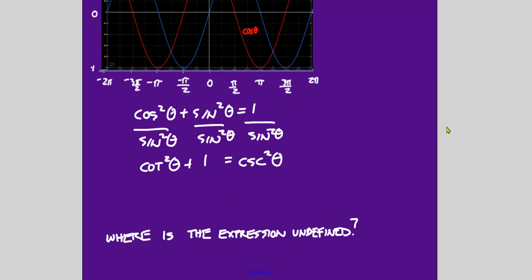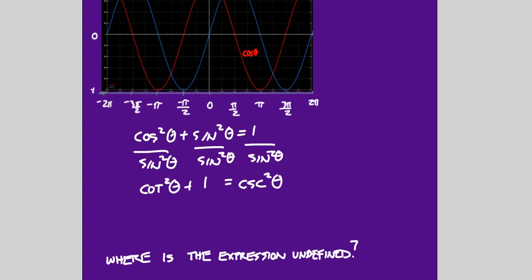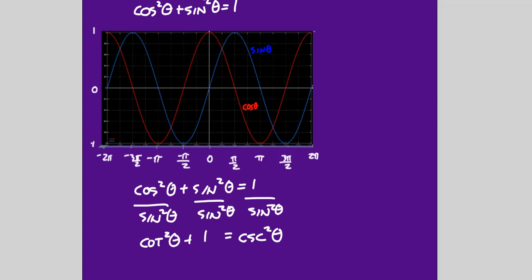Now, the problem here is this thing's not going to be defined everywhere. It's going to be undefined wherever sine has a value of 0. So this is at 0 plus k pi, so we're just going to write k pi.